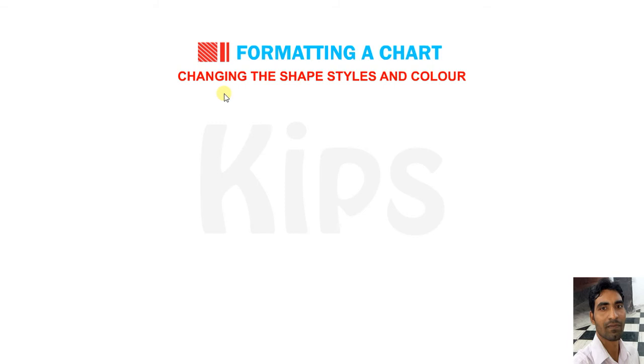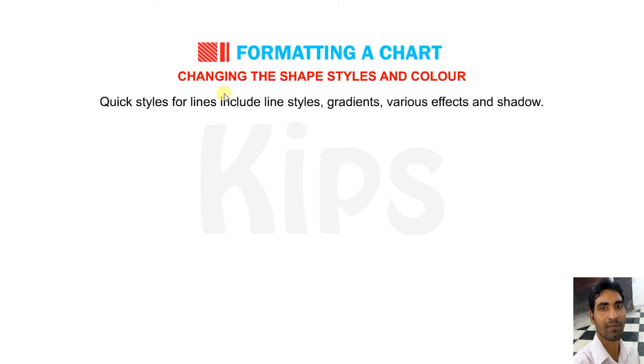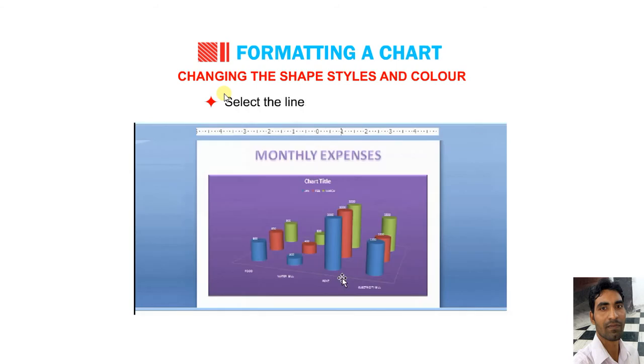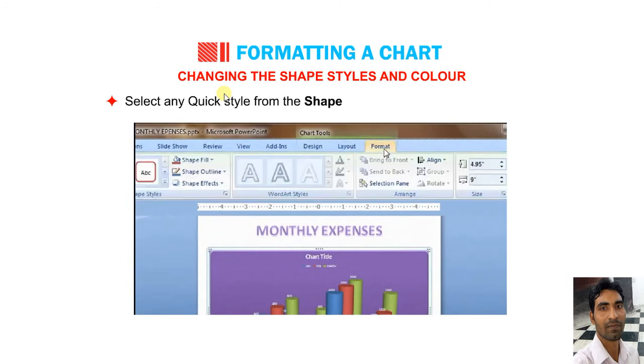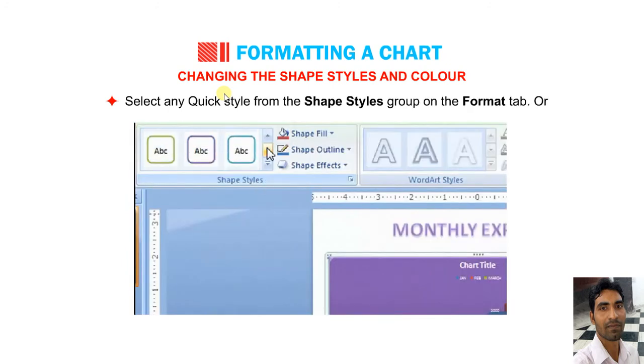Let us now find out how to change the shape, styles and color. Quick styles for lines include line styles, gradients, various effects and shadow. Select the line that you want to change. Select any quick style from the Shape Styles group on the Format tab.